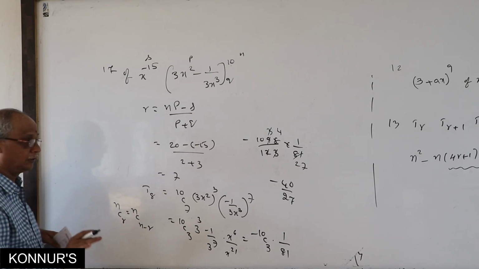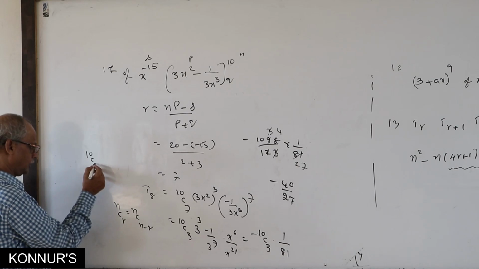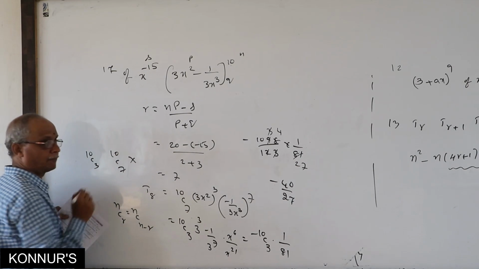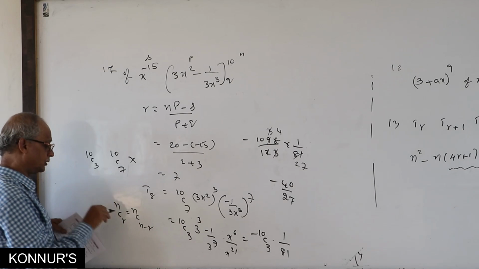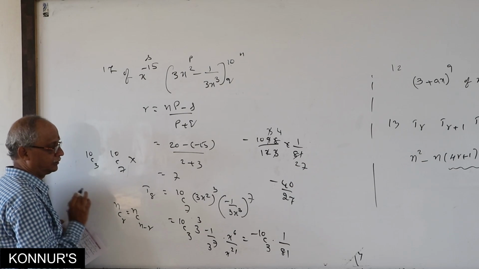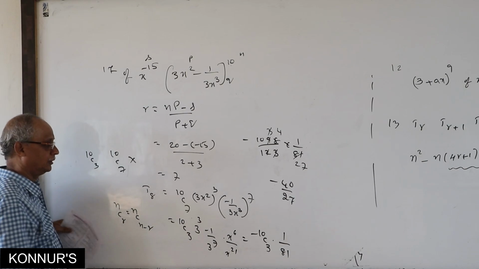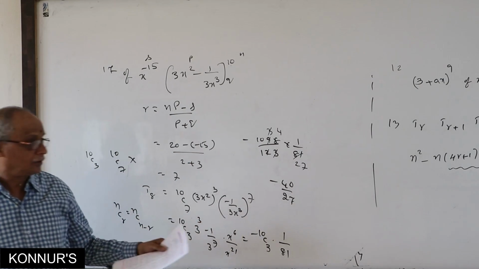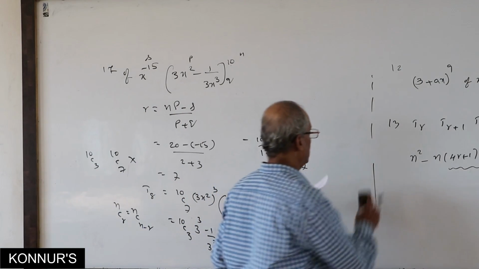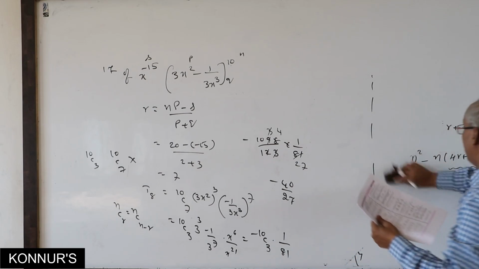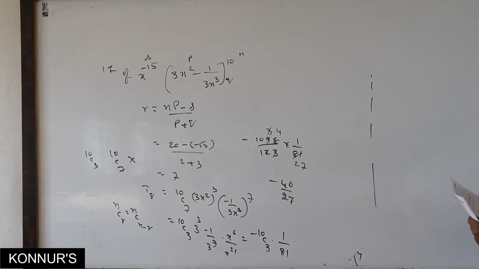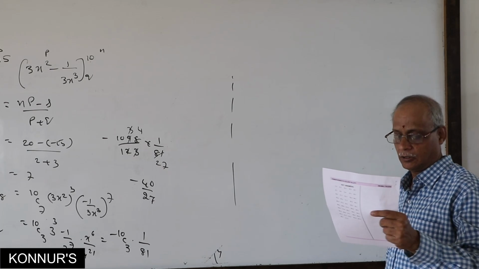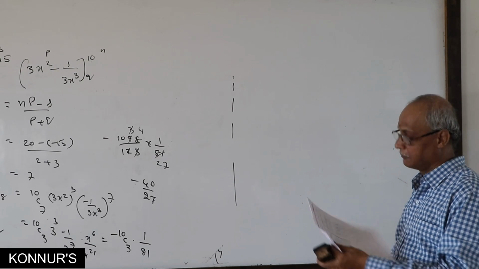If I had given you 10C3 first, since I know the result I want 27, it is a waste. Out of both, select the smallest. That is the reason I wrote 10C3. It is easy to finish the calculation. So this chapter depends on combinations, as I told you in the beginning. Some formulas we need from combinations. So that is why. Then the second, the 18th is a negative power, the same.